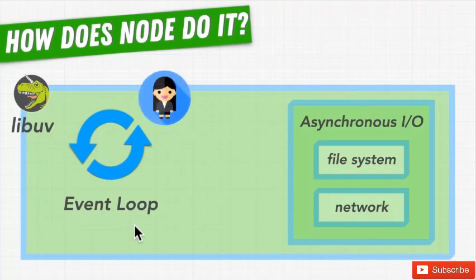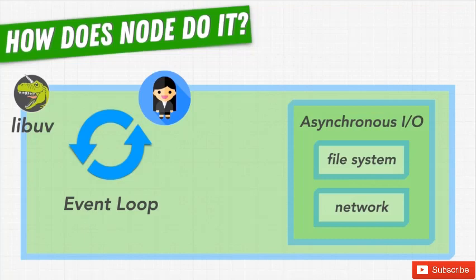It's kind of like your boss deciding when your code executes and getting notified when the work is complete. It continually listens for new events and delegates this work that we don't want blocking our main thread.